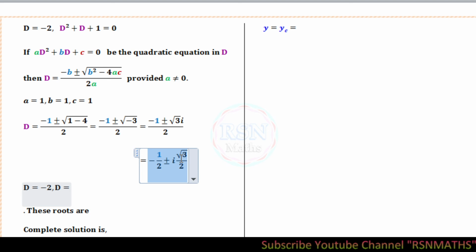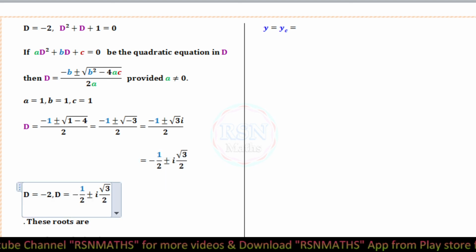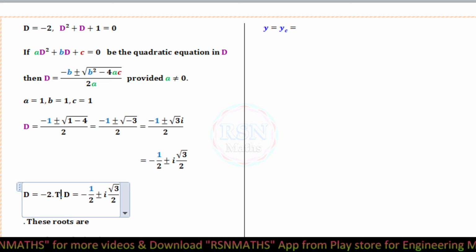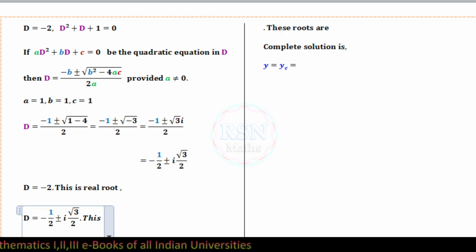Okay, but d is equal to -2 is a real root, correct? These two roots are complex.